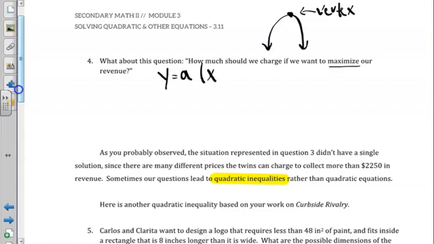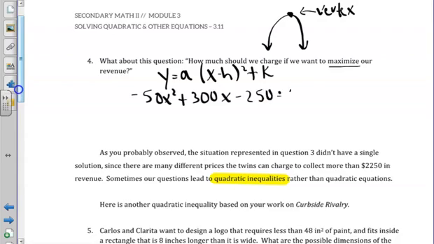So recall, vertex form is a times the quantity x minus h squared plus k. So we're going to take our equation, which is negative 50x squared plus 300x minus 250 equals 0, and we are going to complete the square.